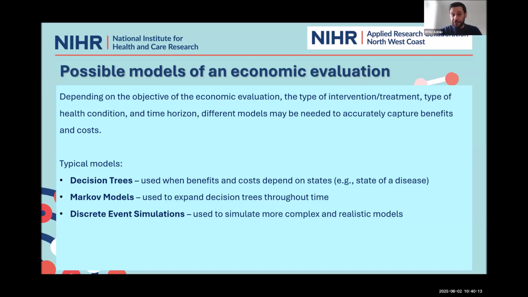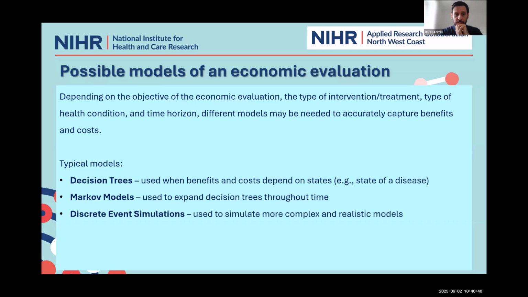Depending on the objective of the economic evaluation, the type of intervention and treatment, the type of health condition, and the time horizon, different models might be needed to accurately capture benefit and cost. I'm going to present these different models, which are mathematical models at the end of the day, in increasing order of complexity, starting from decision trees, which are the basis of any type of model, I have to say.